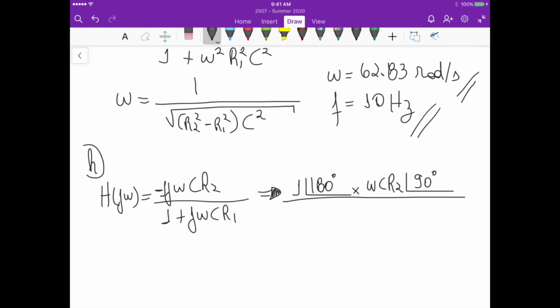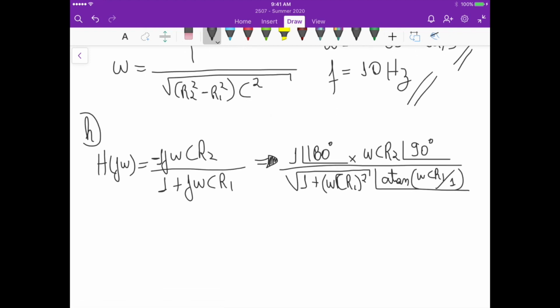Divided by the magnitude of the denominator, which is 1 plus omega C R1 squared, and the angle here is the arctangent of the imaginary part, omega C R1, divided by the real part, which is 1. So this is the polar form.